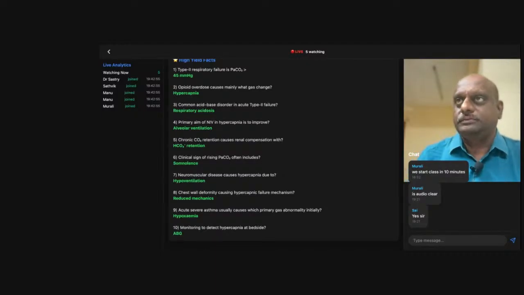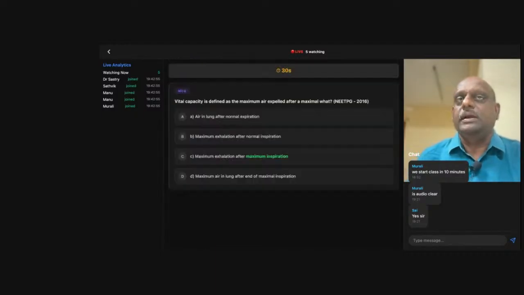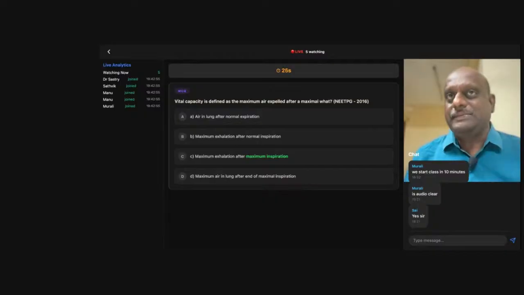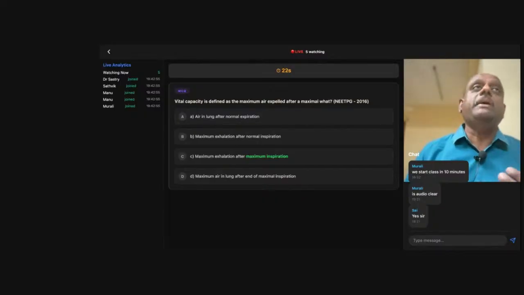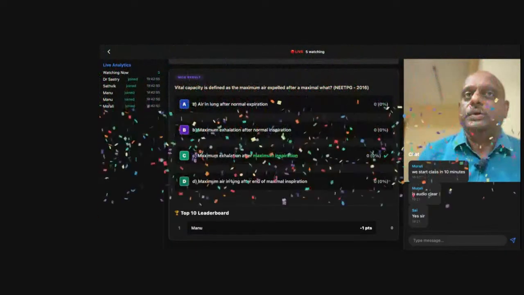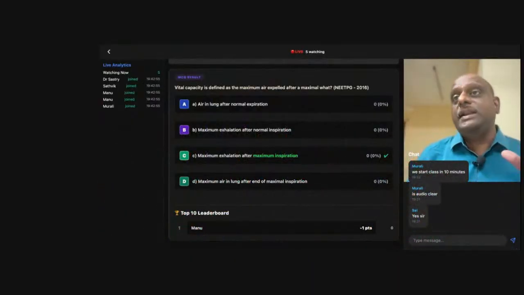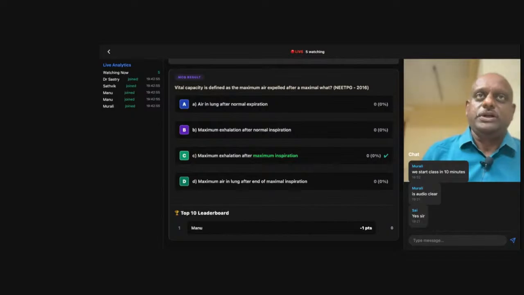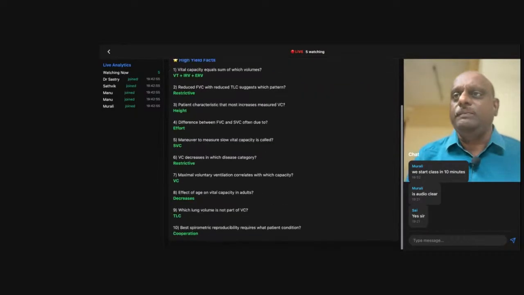Now, the vital capacity is defined as the maximum air which is expelled after maximum amount of inspiration. That's what we need to remember. So it is the maximum exhalation after maximum inspiration which will give you the vital capacity. By definition is what we need to remember.